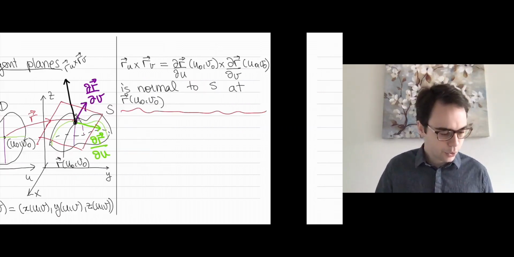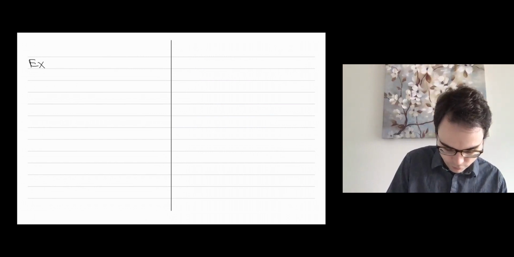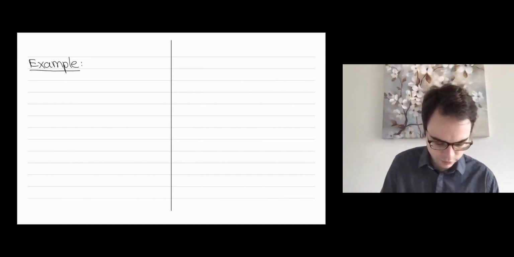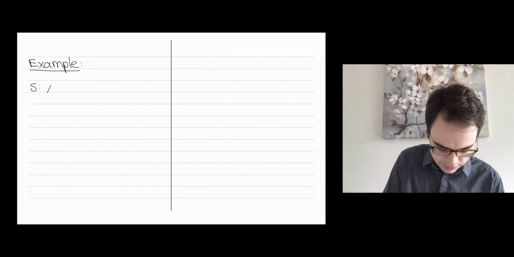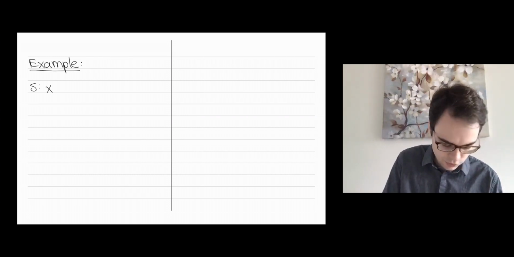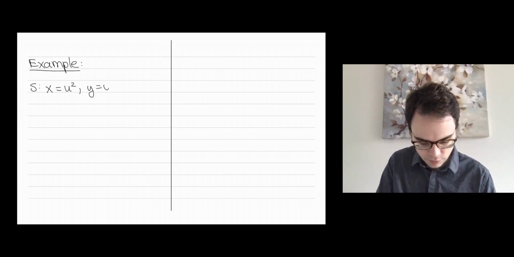Let me now show you how this works in practice. Let's use this idea to find the tangent plane of a concrete surface. Here the surface is given to us already parametrized. So x in terms of u and v is just u squared. y in terms of u and v is just v squared.